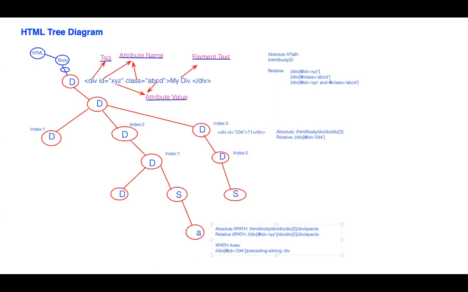So the moment I do this, it will give me this index 2. So I am not relying on any 2, 3, 4, 5 index, right? I'm simply saying I want an element which is just preceding me, which is the preceding sibling, and then I can start writing my further div, span, and a, right? And if I had access to this, let's say the ID of this is also present, then I would have used something else as well, right?